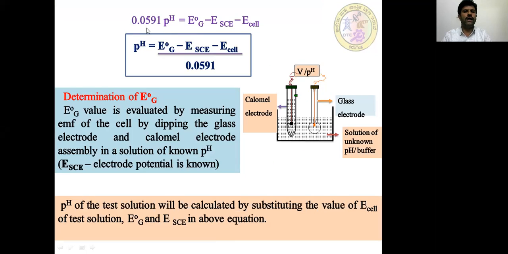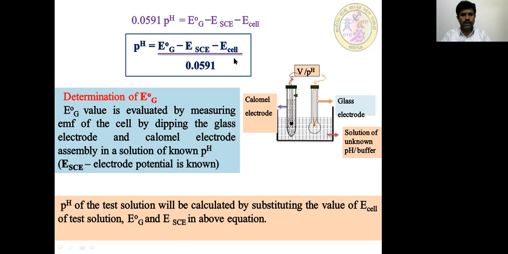So 0.0591 pH is equal to E naught G minus the electrode potential of saturated calomel electrode minus the EMF of the cell. Hence pH is equal to E naught G, that is the standard electrode potential of glass electrode, minus the electrode potential of saturated calomel electrode, minus the EMF of the cell obtained when immersed in the test solution, all divided by 0.0591.